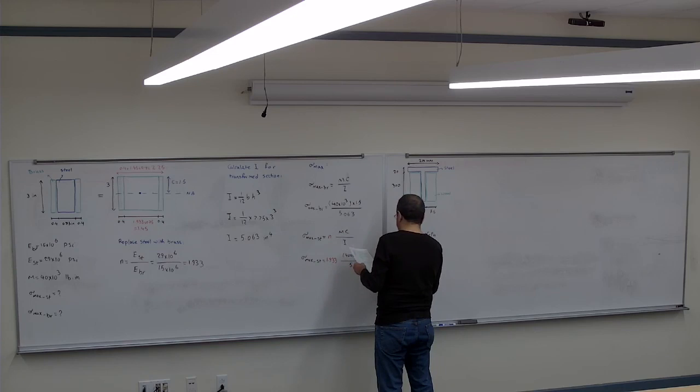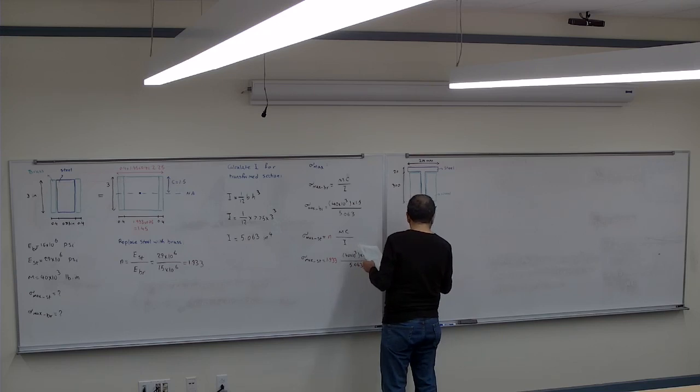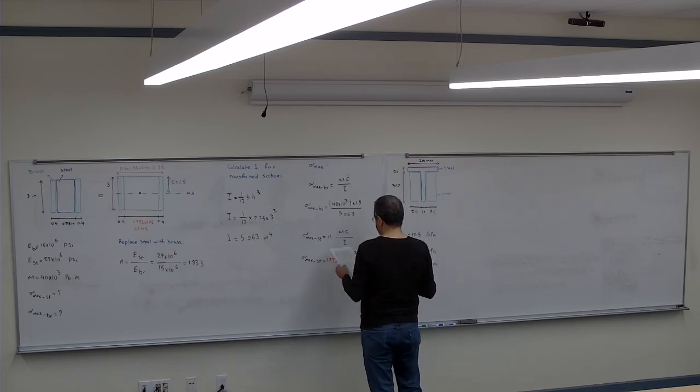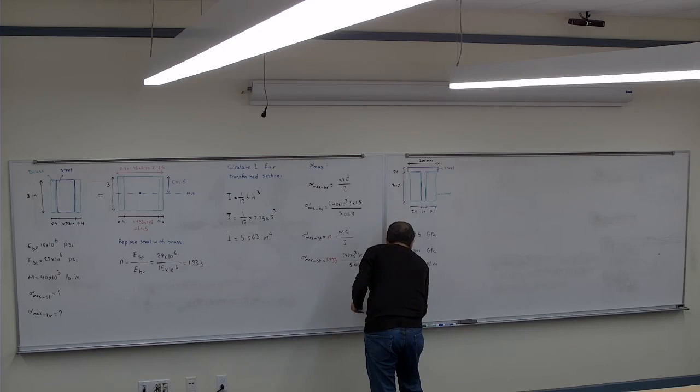The moment that we have is 50,000 Newton meter. So the same as before, you want to know the sigma max for the steel and the sigma max for the wood.